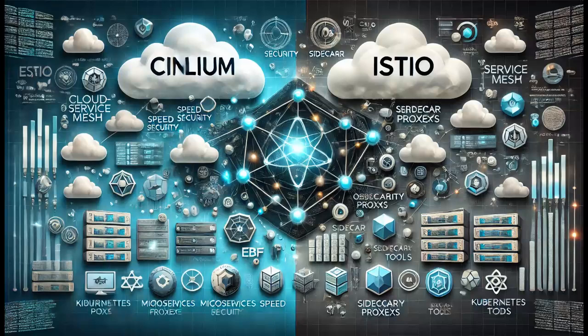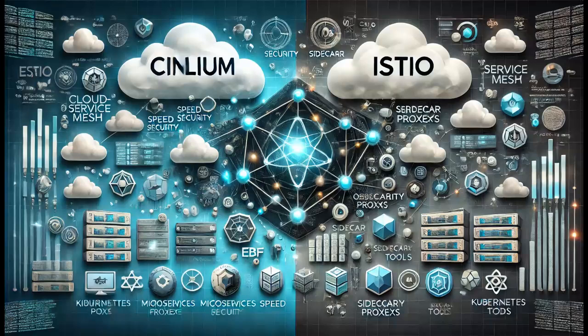I think of Cilium as this powerful and efficient tool that excels in those core areas of networking and security, while offering some of those basic service mesh capabilities. Istio, on the other hand, is that comprehensive platform specifically designed to manage the complexities of microservice communication.